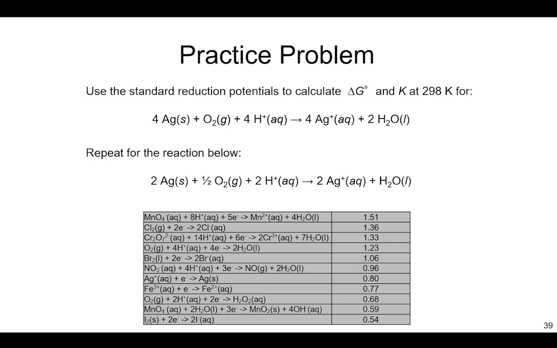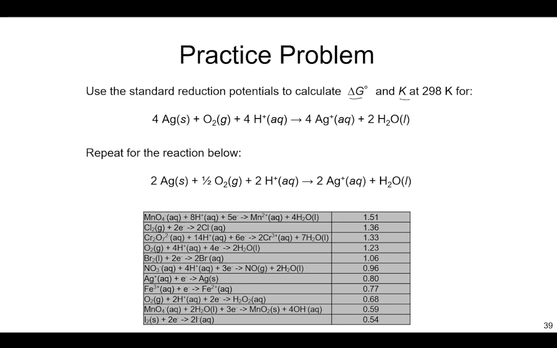So let's take a minute and try to calculate how all these things are related using these formulas. To calculate delta G and K based on a cell potential that we're going to get from our standard reduction potential table for this reaction that is given.